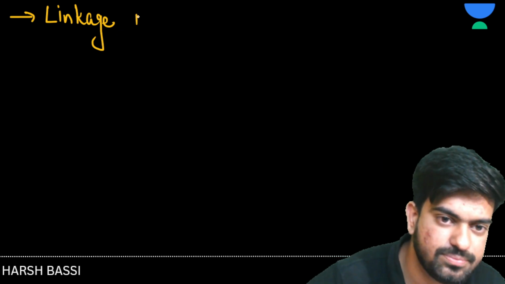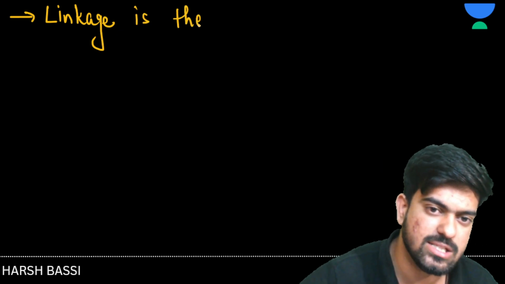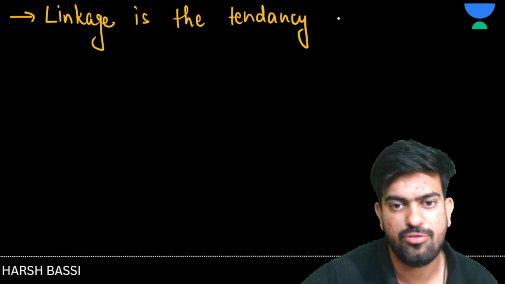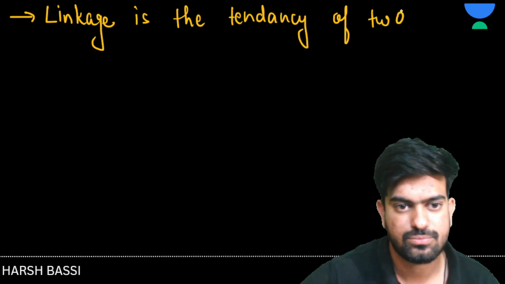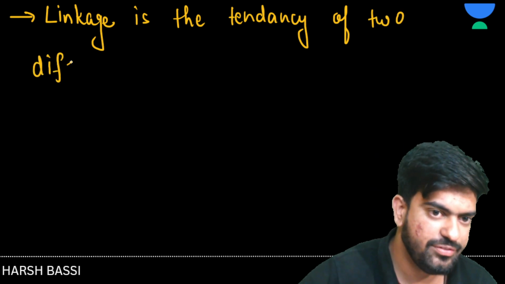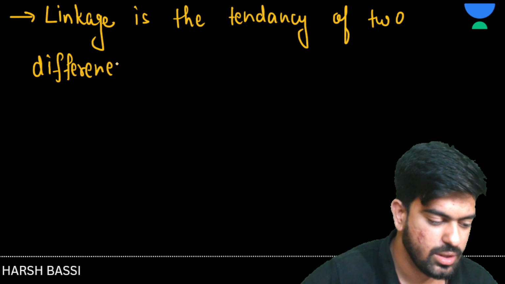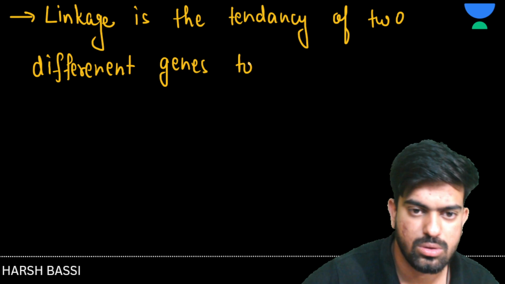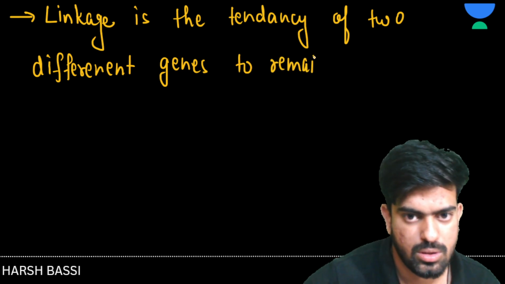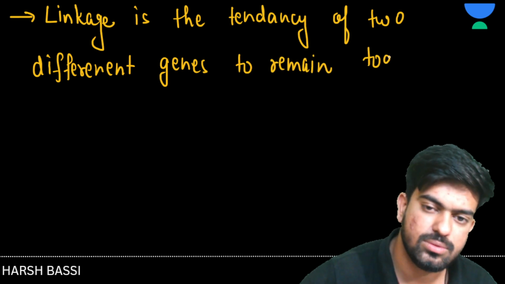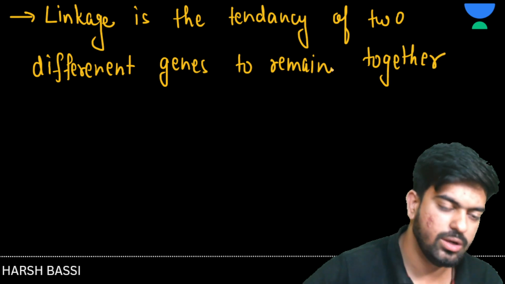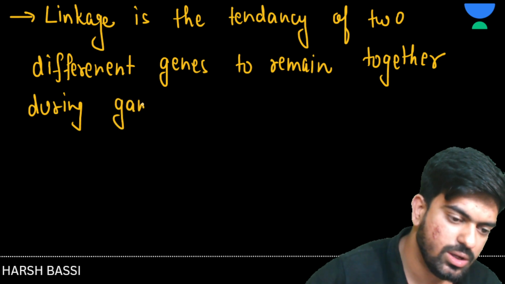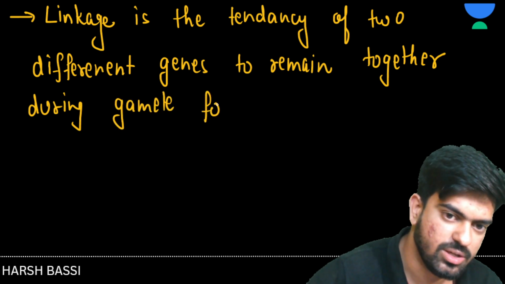Linkage is the tendency of two different genes to remain together during gamete formation.